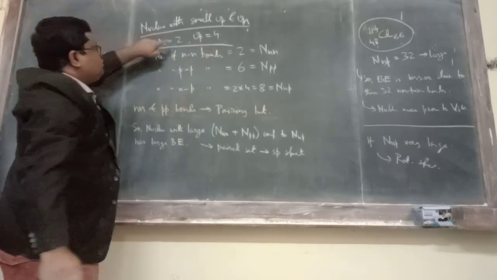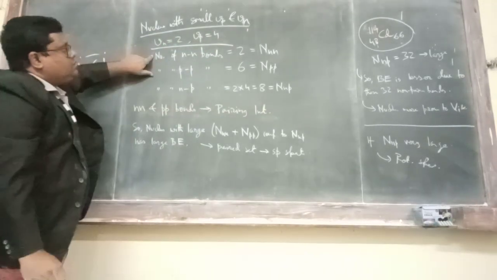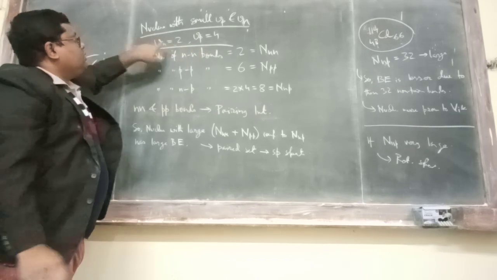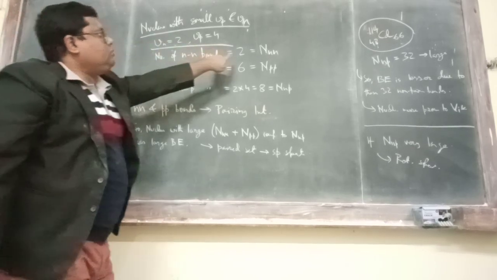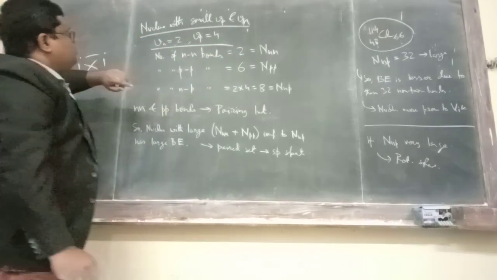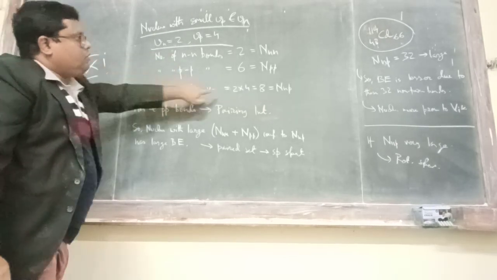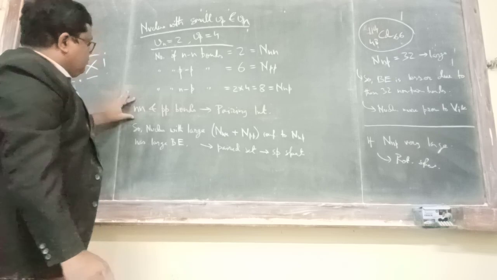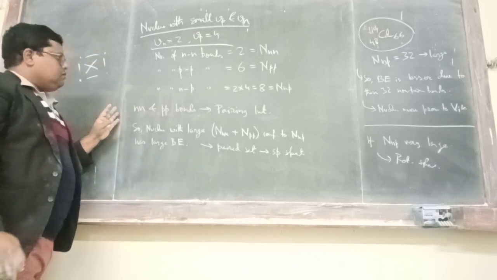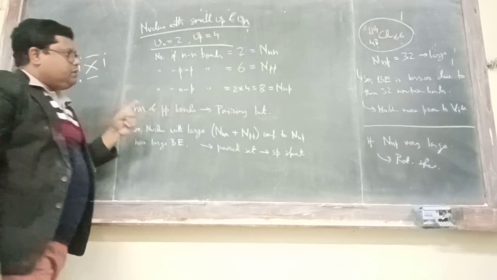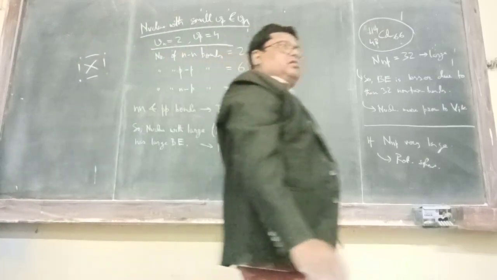Say Vn is equal to 2, Vp is equal to 4. So what's the number of nn bonds? We have got only 2, so nn bonds only 2. Now what is the value of pp bonds? 6, np bonds 8.